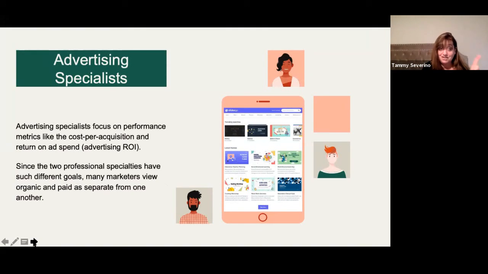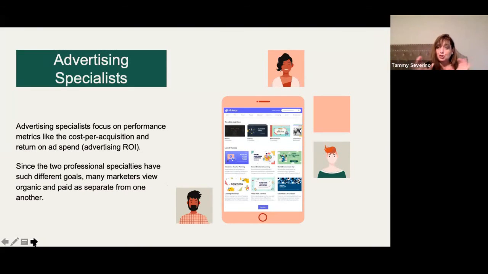Advertising, here's the difference. Advertising specialists are focusing on different performance metrics. They're looking at the cost to turn any given individual into a customer. And they're looking at the return on their ad spend. That's the ROI, the return on investment for your advertising dollar. How many dollars does it take to turn a person into a customer?